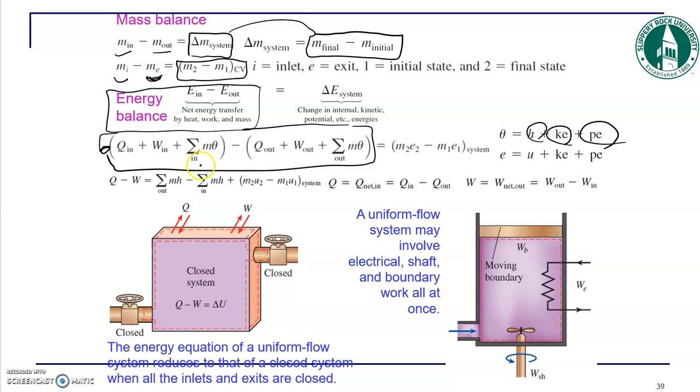Sigma in means that the mass which is coming in, these are the properties of the mass entering your system. Minus Q out if you have any heat leaving your system, and work out if your system is doing some work on its surroundings, and sigma m theta out, which is again enthalpy plus kinetic energy plus potential energy of the fluid that is leaving your system. So that's the left hand side.